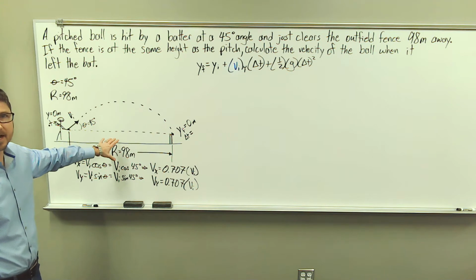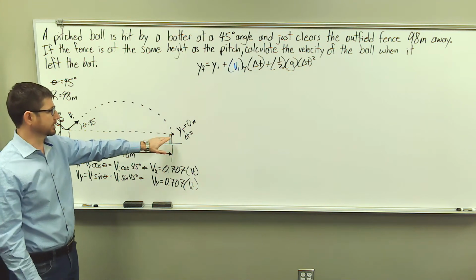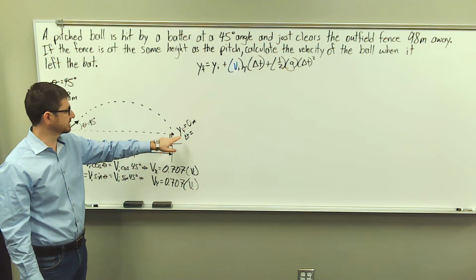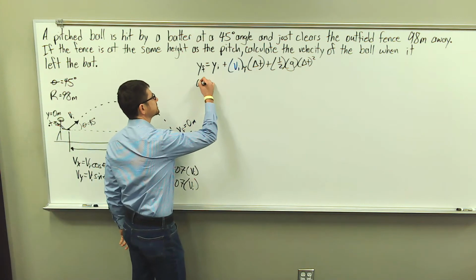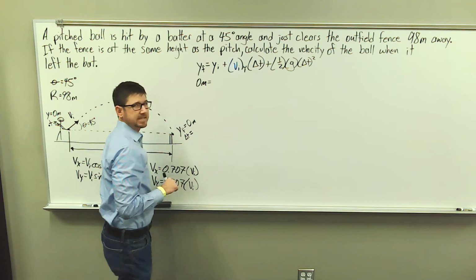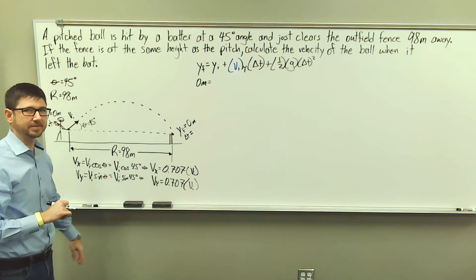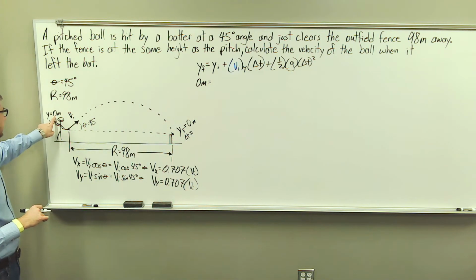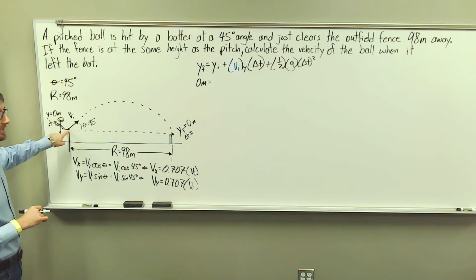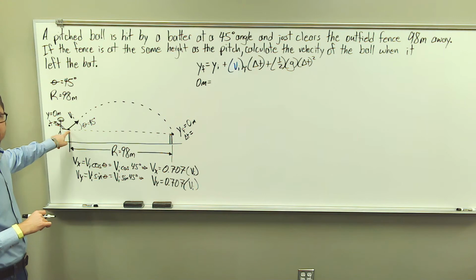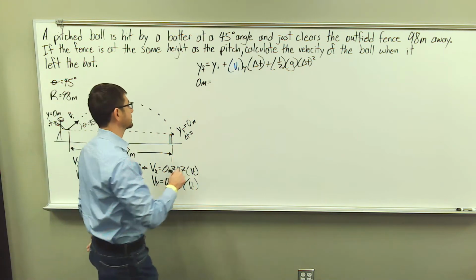Let's take a look at our diagram here. So earlier we identified that the final position in the y direction is 0 meters. This is equal to the initial position in the y direction. So earlier we talked about the initial position over here. It's just where the bat and ball come in contact with each other, so that's 0 meters.